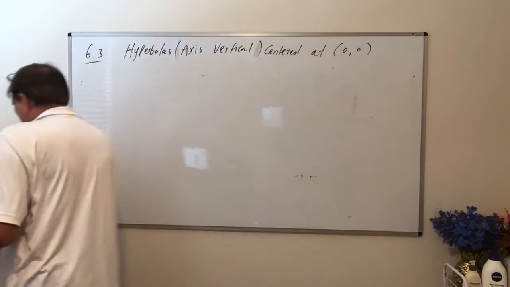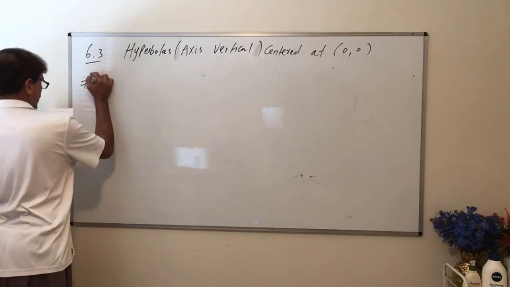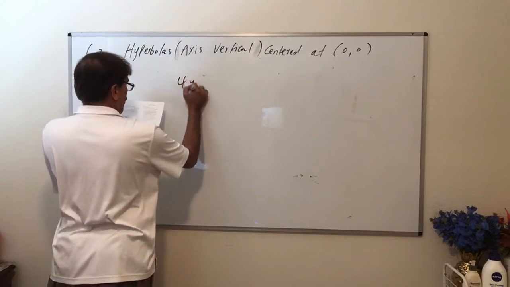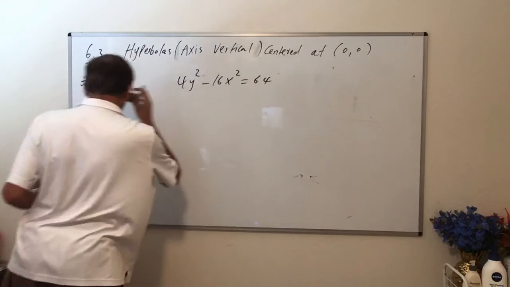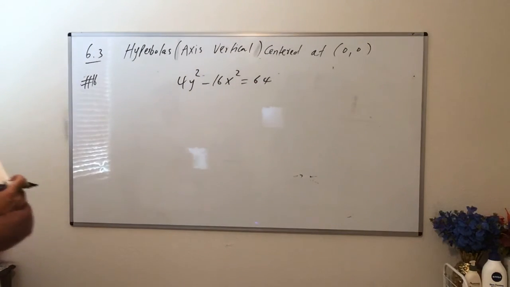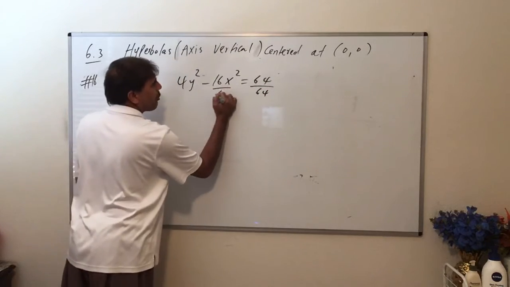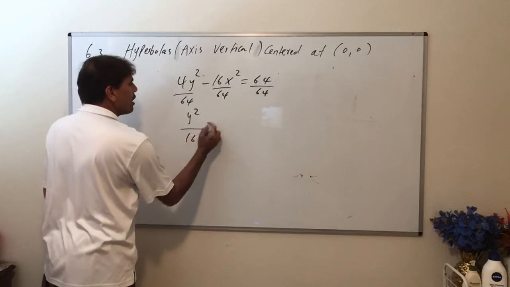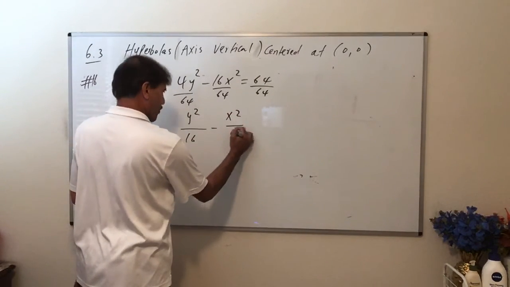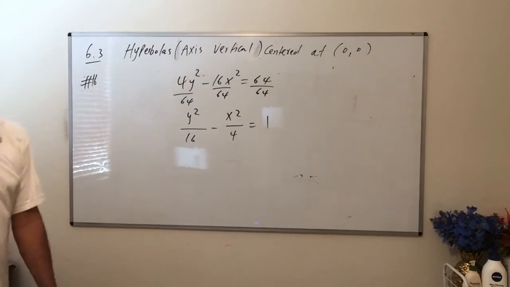Here's number 16 from your homework problems, and we do all the steps. It is 4y squared minus 16x squared equals 64. As you can see, your y term is positive, so it's going to be opening upwards and downwards. Divide to put this in standard format first: y squared over 16 minus x squared over 4 equals 1, because 4 over 64 is 1 over 16 and 16 over 64 is 1 over 4.